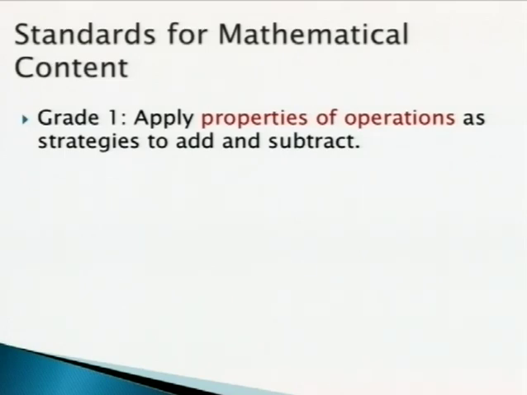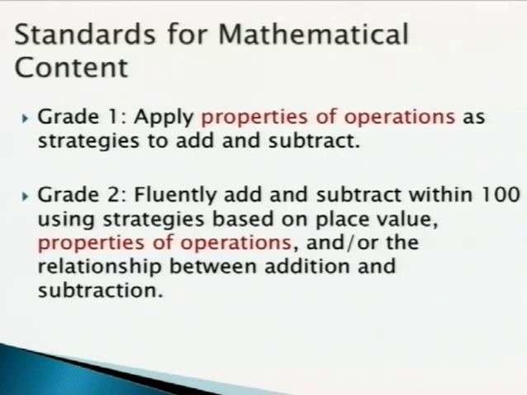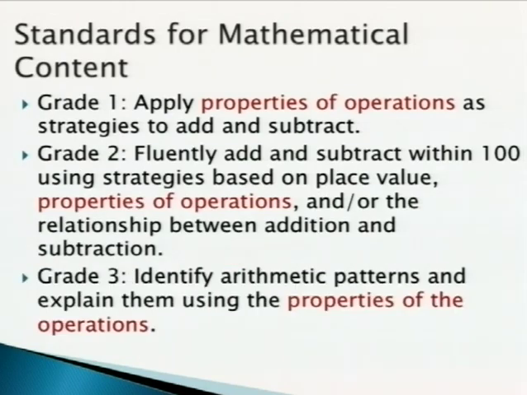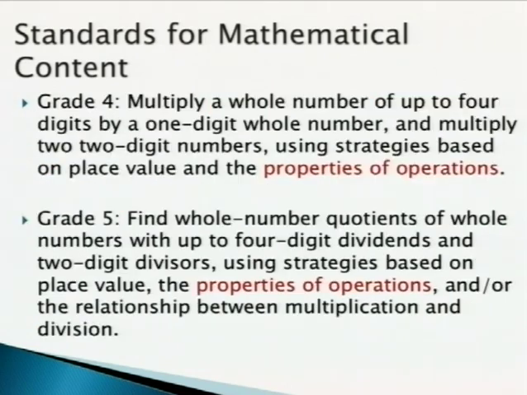And so we're going to be considering a set of standards. Let's just take a look at these. At grade 1, apply properties of operations as strategies to add and subtract. Grade 2, fluently add and subtract within 100 using strategies based on place value, properties of operations, and/or the relationship between addition and subtraction. Grade 3, identify arithmetic patterns and explain them using the properties of the operations.